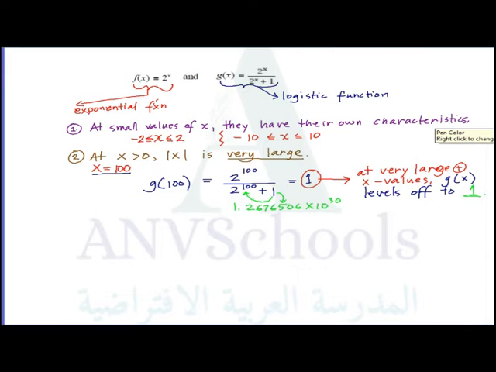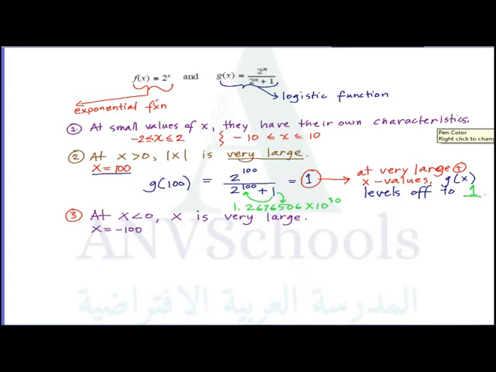Now let's take the reverse. At very large values of x, but now it's negative. So at x less than 0 and x is very large, let's take again x is equal to negative 100 as an example.